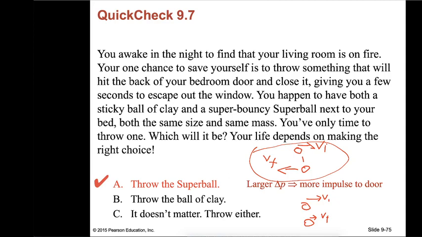So you have a bigger momentum change, so you will generate a bigger momentum on the door, because if you take the door and the ball as a system, if your momentum change to the ball is like that, delta P ball, then the momentum change on the door is like that, delta P door.